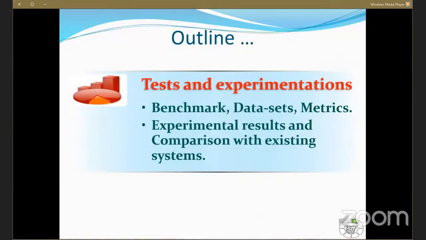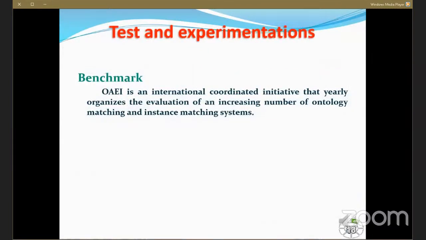In the following, we will present the experimental results of our system. To evaluate the efficiency of our system and to enable comparison of obtained results with those of other approaches, we have conducted experiments on standard and recent benchmarks, Ontology Alignment Evaluation Initiative 2019 and 2020.